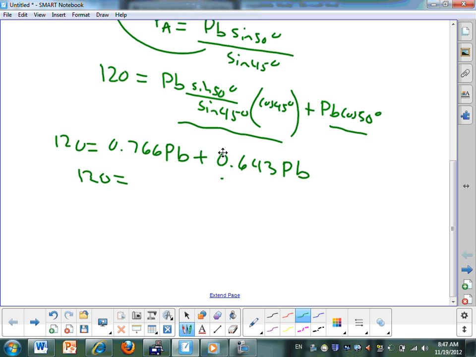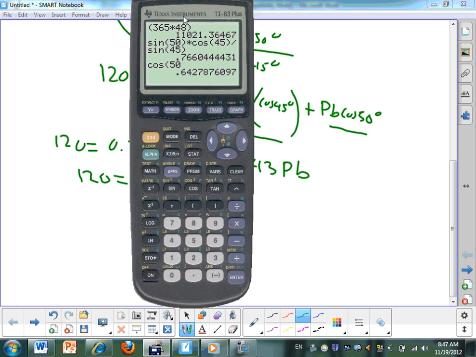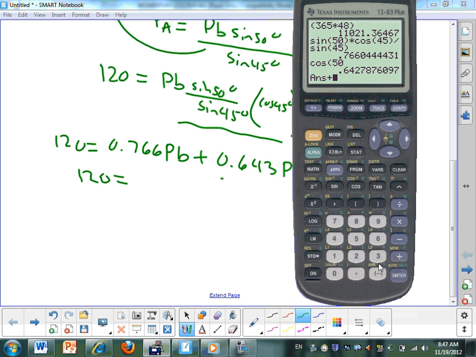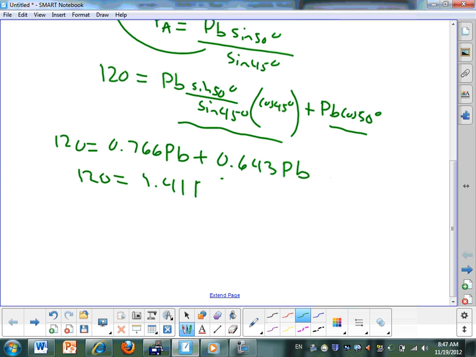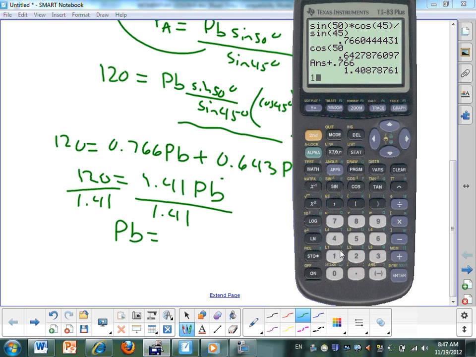I'm going to collect my like terms. So those two I'm going to add together: 1.41 PB. Now to get the PB by itself, I divide 120 by 1.41. That's 85.18.